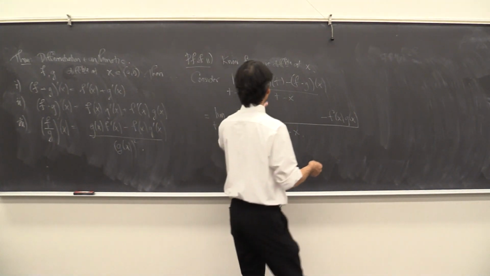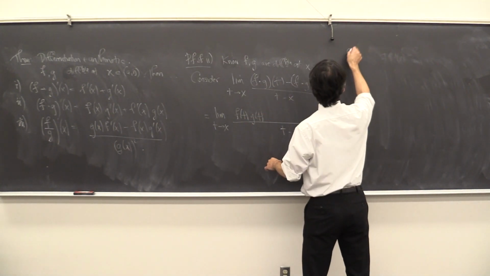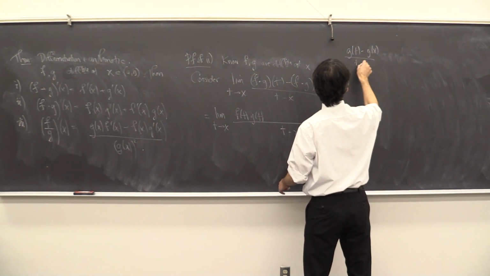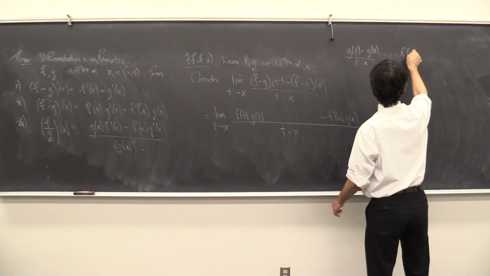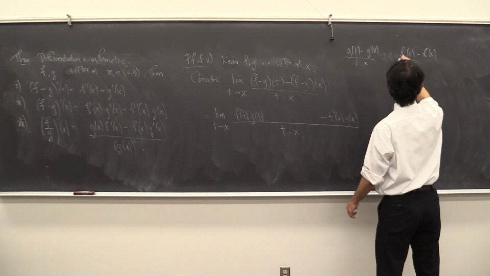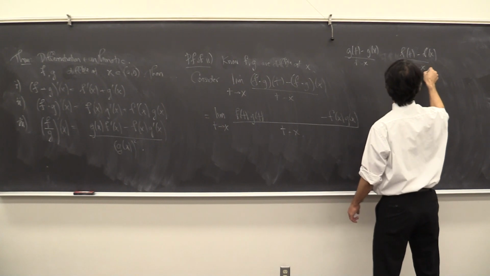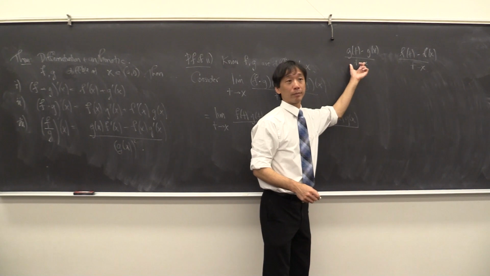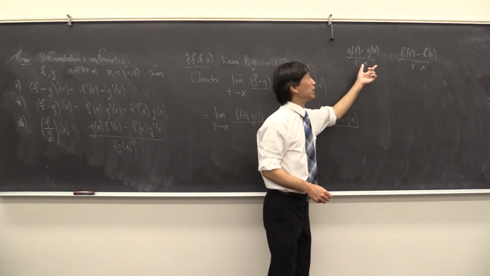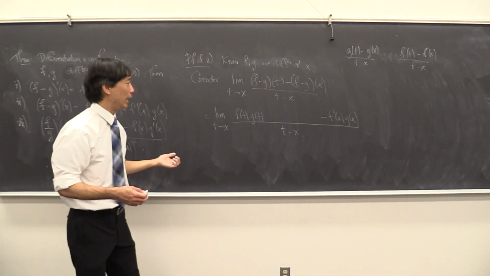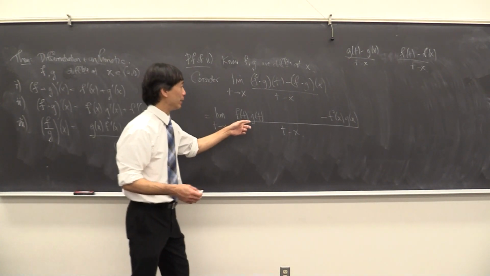We know about things like this: g of t minus g of x over t minus x, because the functions are differentiable there at x. We know that these things are going to tend to limits, and so what we're going to do is sort of slide them into what we have here.